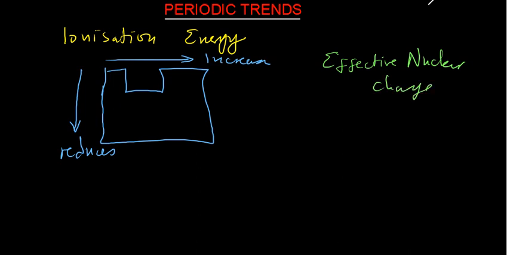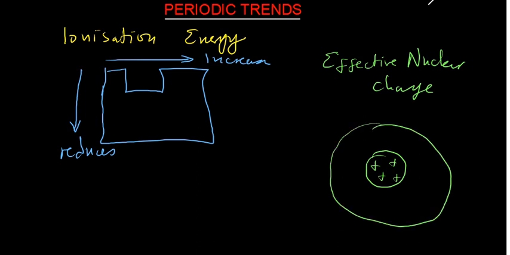So what is effective nuclear charge? Effective nuclear charge is the net positive charge experienced by valence electrons. The positive charge which electrons in the outermost shell are experiencing is what we call the effective nuclear charge. Remember, an atom has the nucleus which is positive because there are protons there, and then the electrons which are negative. Because these are of opposite charges, there is an attraction there.